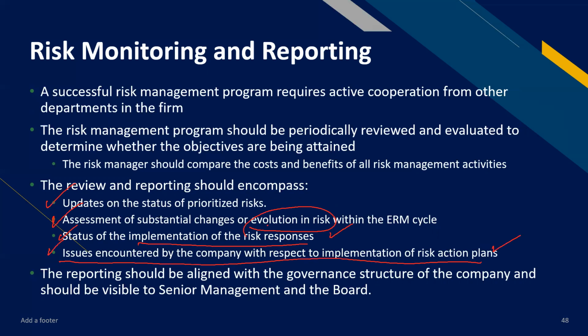And of course, these reports should be elevated to the governance structure of the company and should be visible to both senior management and the board as the ultimate oversight bodies for risk management.